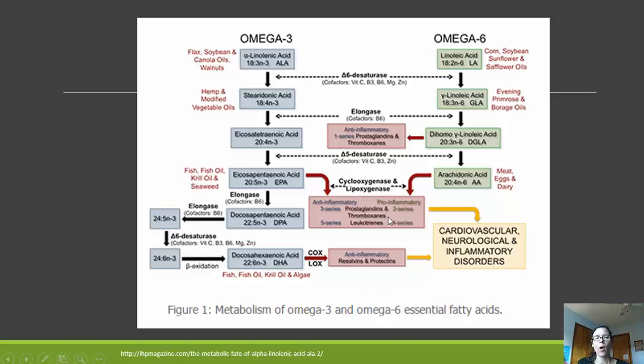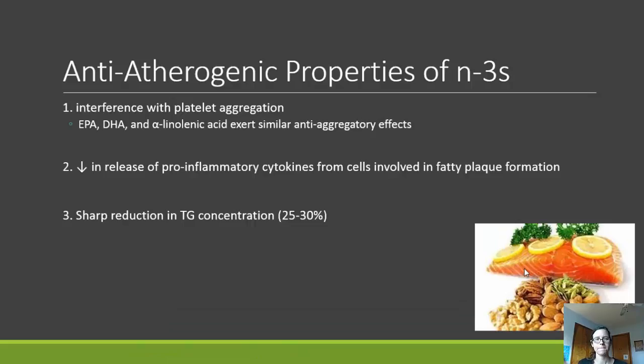And whatever type of eicosanoids a person is exposed to is going to have an impact on cardiovascular, neurological, and inflammatory disorders. So it's because of the products of omega-3 fatty acids that ultimately become EPA that we see these anti-inflammatory properties.